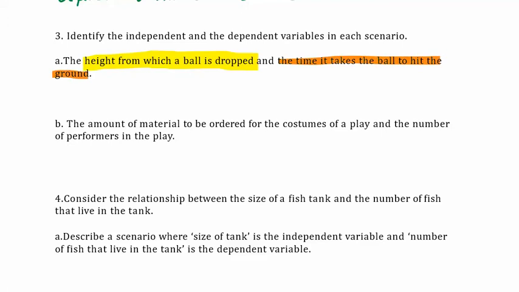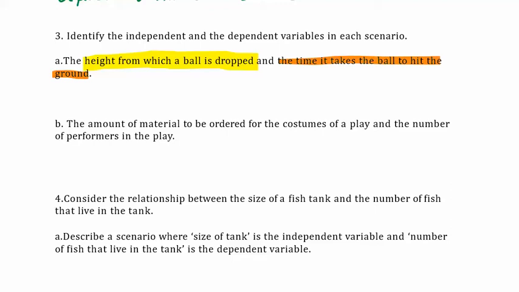Okay, so we want to think which one of these depends on the other one, or which one of these could we manipulate? Does the height that you drop it depend on the time it takes the ball to hit the ground, or does the time it takes the ball to hit the ground depend on the height from which it's dropped?